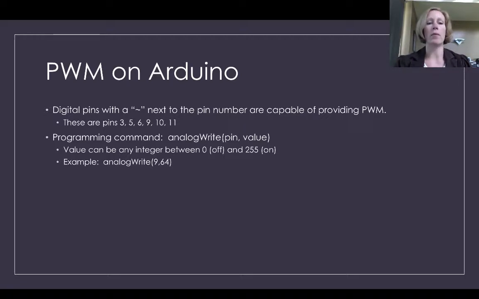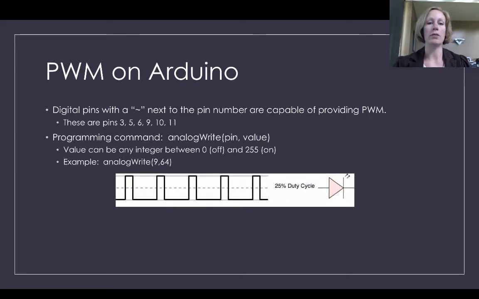For example, if I wrote the command analog write 9, 64, that would mean I would have a PWM duty cycle of 25%, since 25% of 255 is 64, written to pin 9. So I would get some dim color of whatever LED is hooked up to that pin.